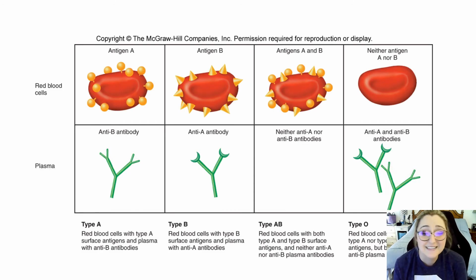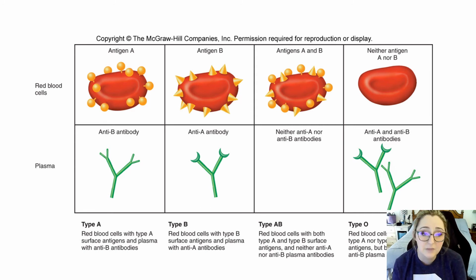This graphic is fantastic in that it shows the antigens that that type of blood contains, as well as the antibodies. So in type A, studded along the cells, tissues, this doesn't just include the red blood cells. This is going to include kind of all the tissues in your body.